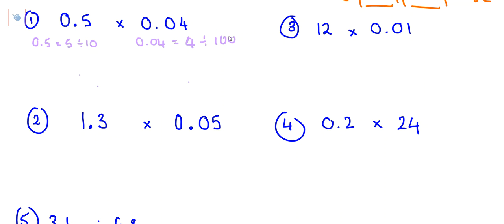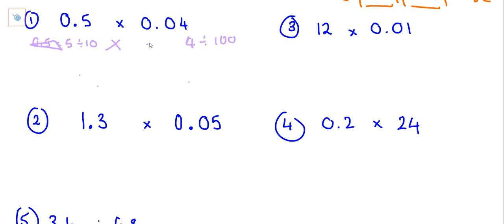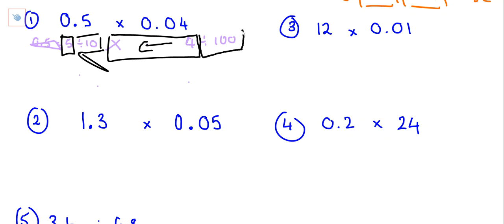Okay, so then you would take this information and do 5 divided by 10 times 4 divided by 100.